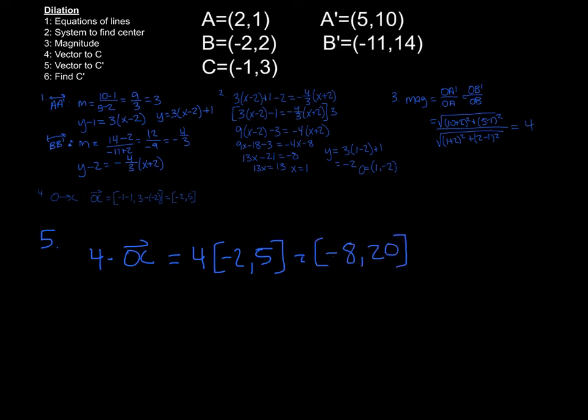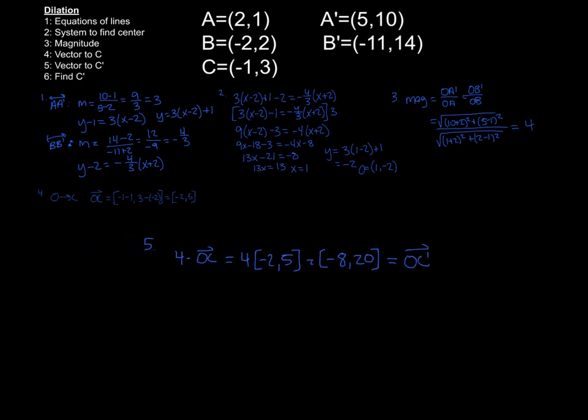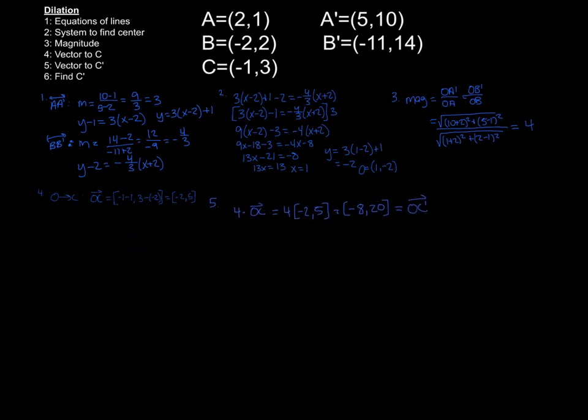So that's my vector from O to C prime. So I'll write equals O to C prime. Okay? And we'll just shrink that up and put it right there. There's step 5.